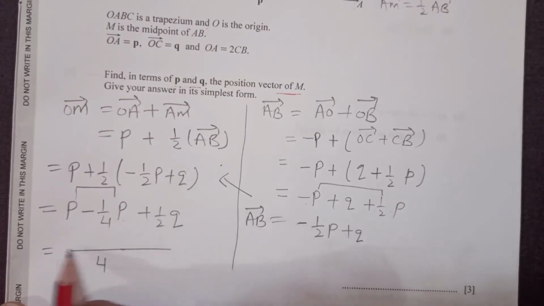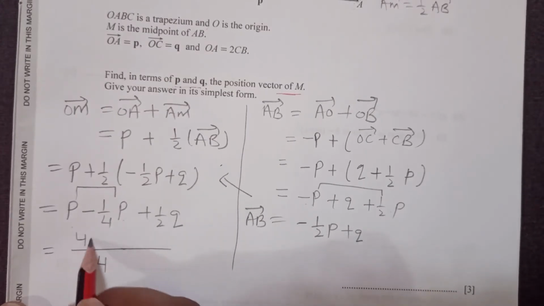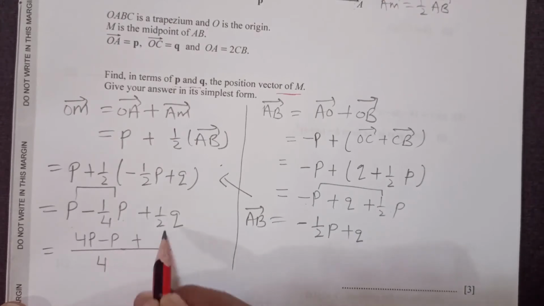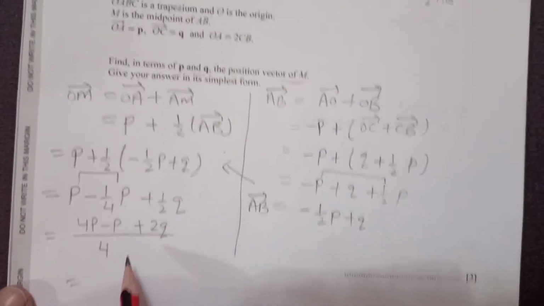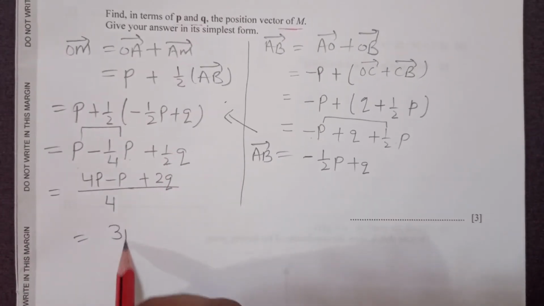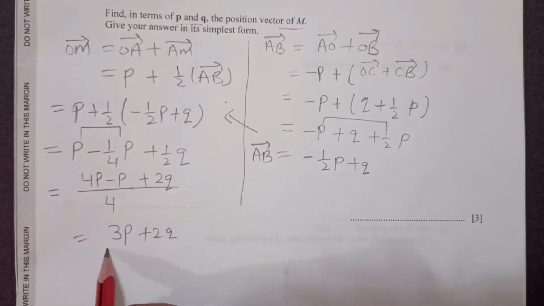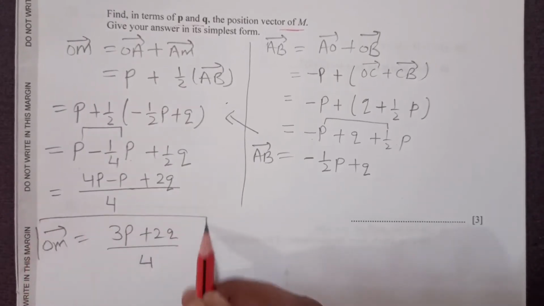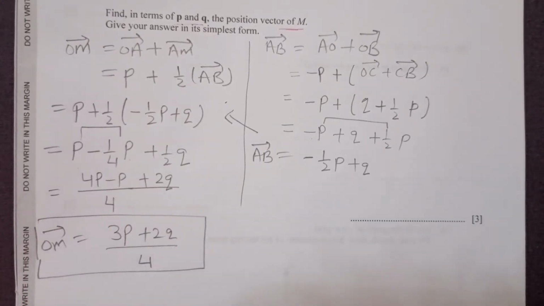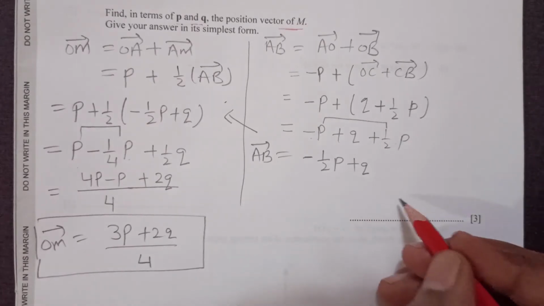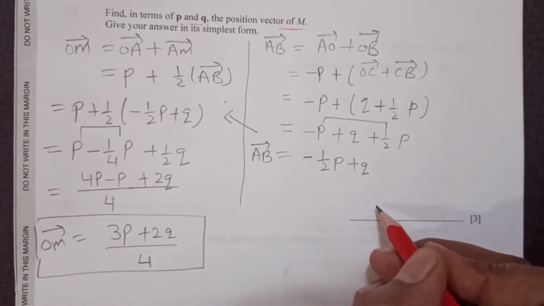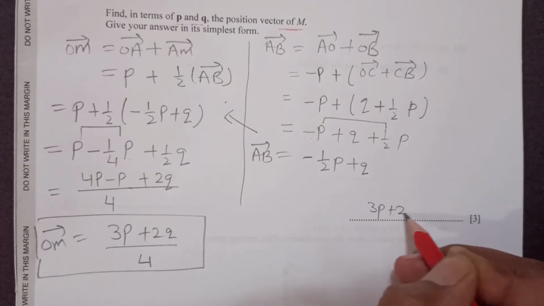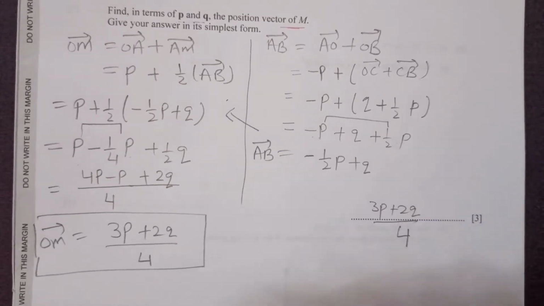So this will be 4p minus p plus 2q over 4. 4p minus p is 3p, so 3p plus 2q over 4. This is our OM in terms of p and q, so this will be our final answer, 3p plus 2q over 4.